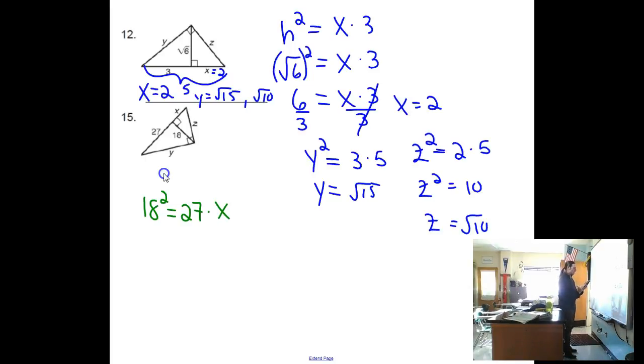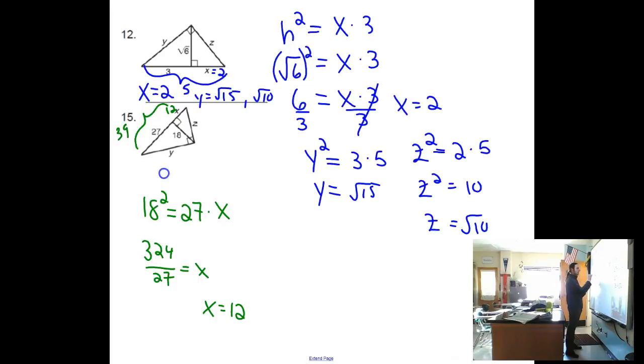18 squared is 324. And I'm going to just divide that by 27. Divided by 27 is 12. x equals 12. Well, now that I know that's 12, the full length of this side is 27 plus 12 is 39.